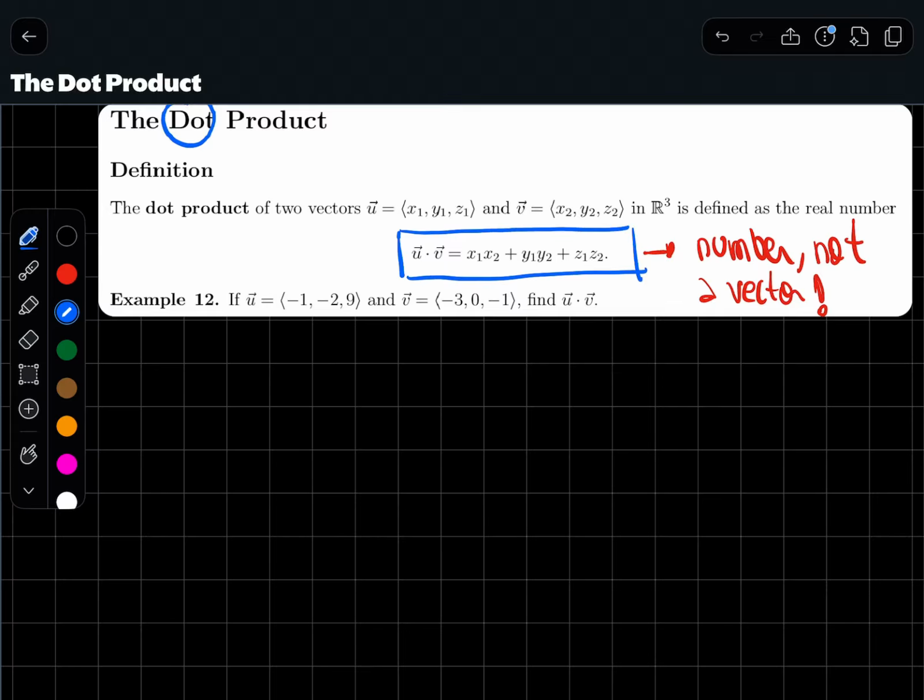Let's first calculate the dot product here. u dot v will be -1 times -3 plus -2 times 0 plus 9 times -1.